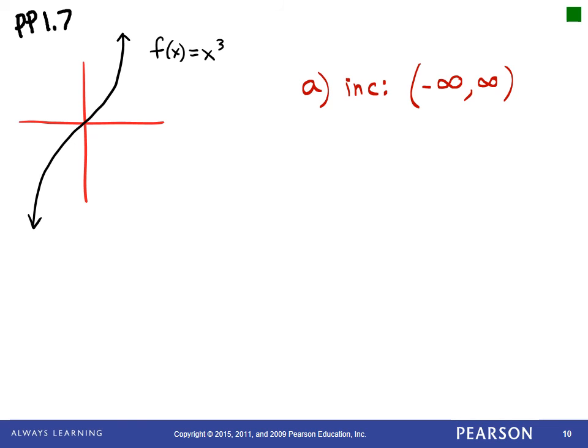What we say here, you'll see it in calculus, is something called strictly increasing. So there's never a time where it goes constant and then keeps on going. All right, decreasing, never. So in this case, there is no interval where this is decreasing. And when is it constant? Never. So in this case, it's going to be none as well.